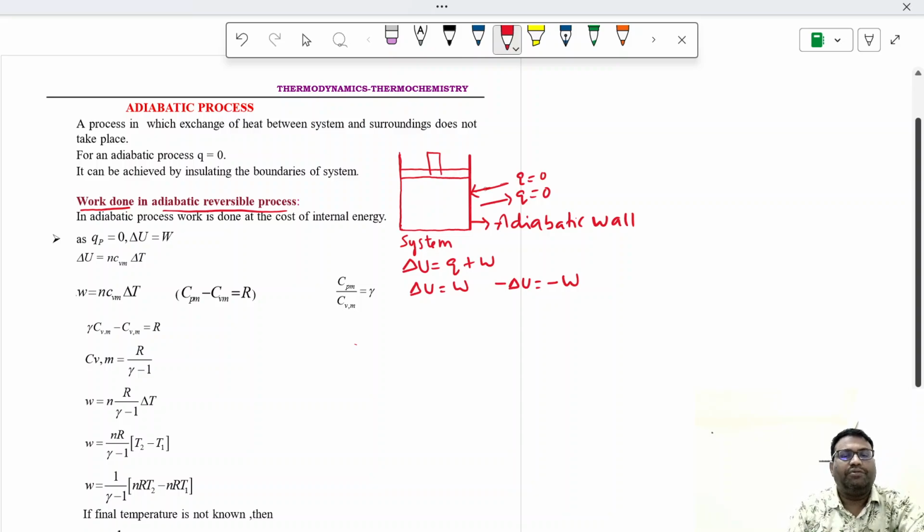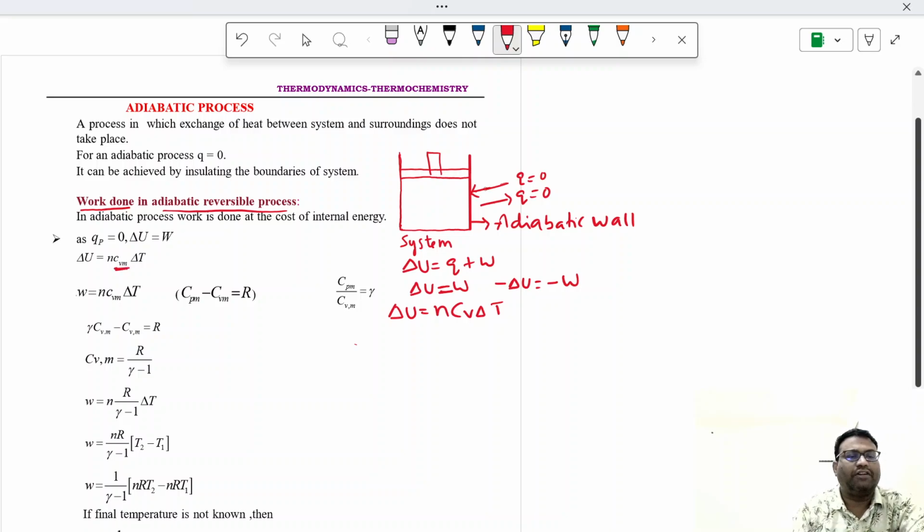Now delta U, that is change in internal energy, is equal to work done, right? And already we know that delta U is equal to n Cv delta T. Here you can find CVM.